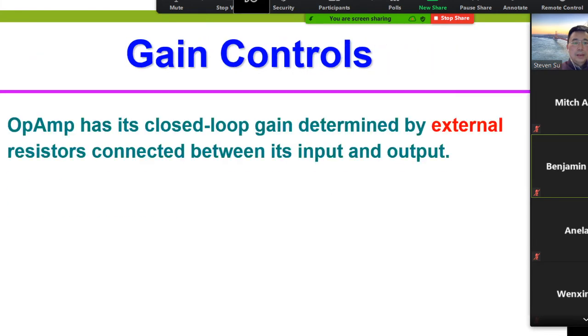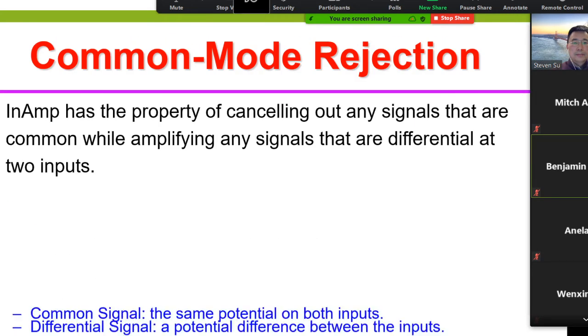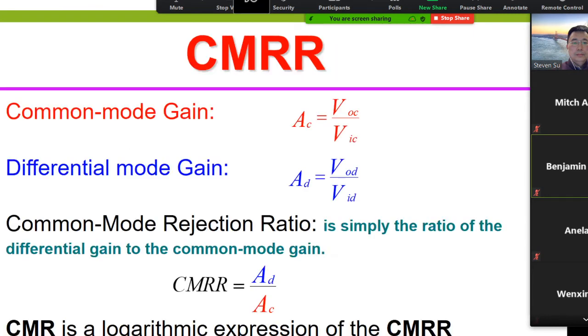So here is the formula. Differential mode gain is VOD, the differential mode output, divided by the differential mode input. This one I already explained, so you can get AC and AD. CMRR is the common mode rejection ratio, the ratio of the differential gain to the common mode gain.